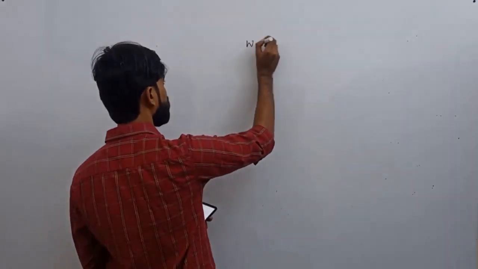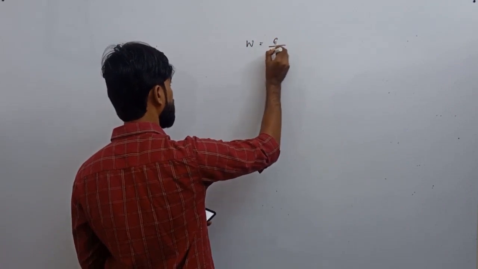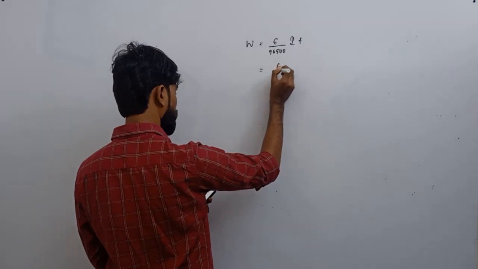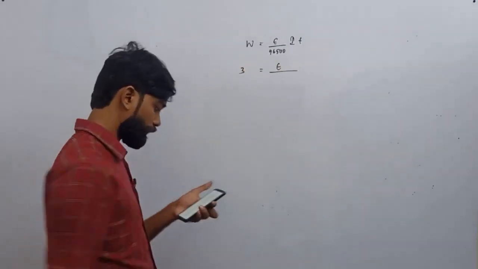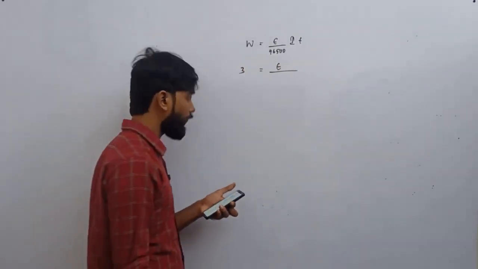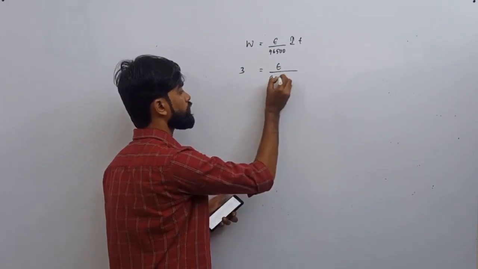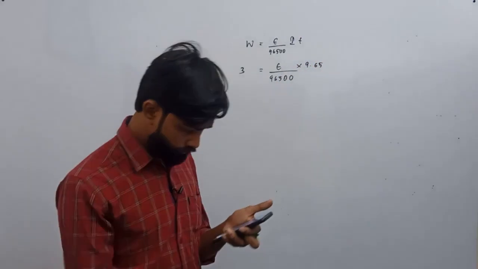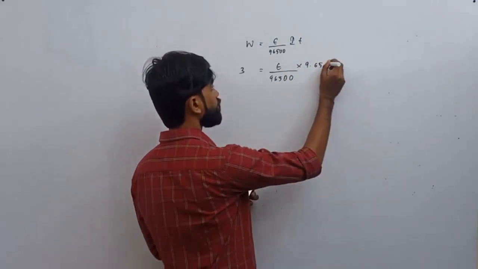You want to find the equivalent mass. So it is a direct question. We know that W equals E divided by 96500 into It. The weight deposited is 3 gram, the current is 9.65 amps, and it is passed for 10 minutes.